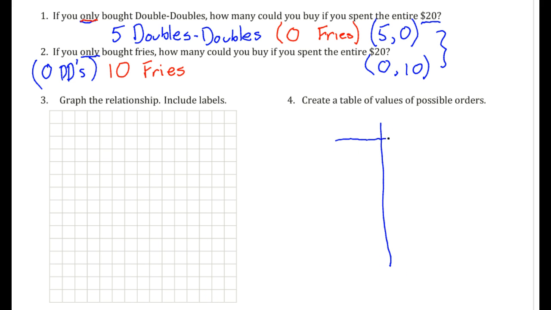Now some would say go ahead and just do the graph first, and then we can make the table from that. I prefer to do the table and then make the graph. I mean, as long as all of it's finished at the end, nobody's going to know which order you went in, so whatever's good for you. And we'll use D and F. Of course, D stands for double double, right? And F stands for fries.